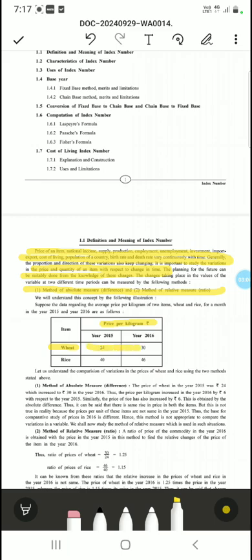You can see horizontally, in 2015 it is 24 and in 2016 it went to 30, which means there is an increase to 30 rupees per kg. If I calculate the difference, it would be 30 minus 24, that is 6 rupees. So there is a 6 rupees change in its price.